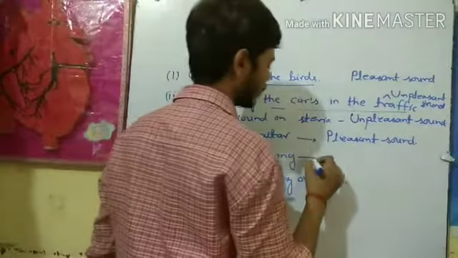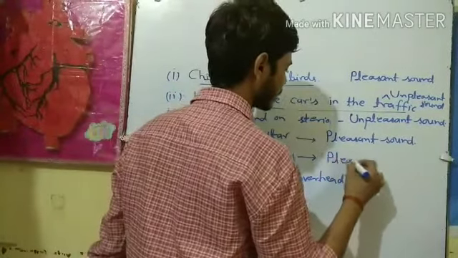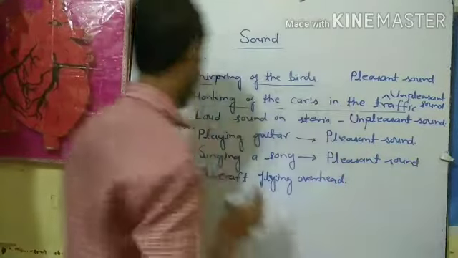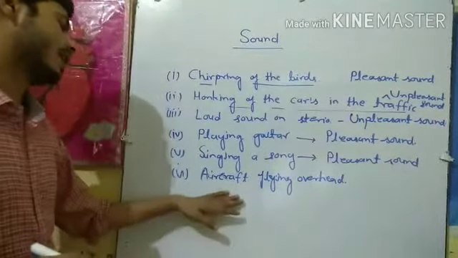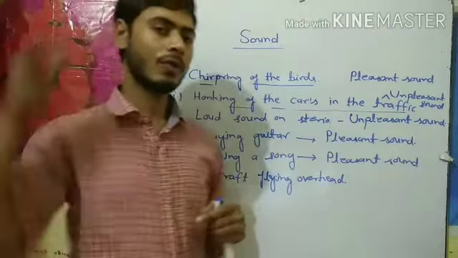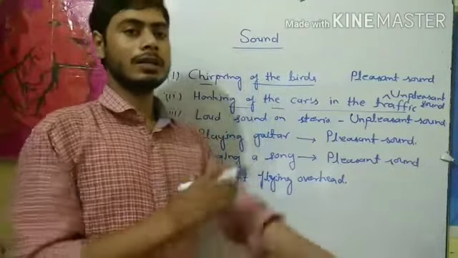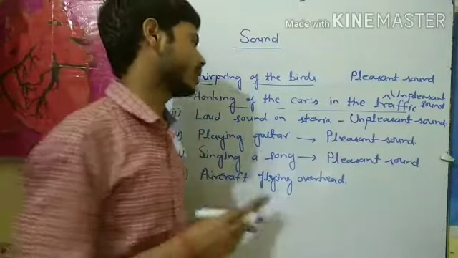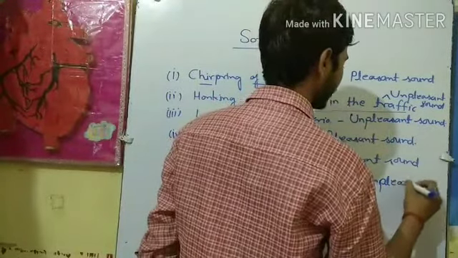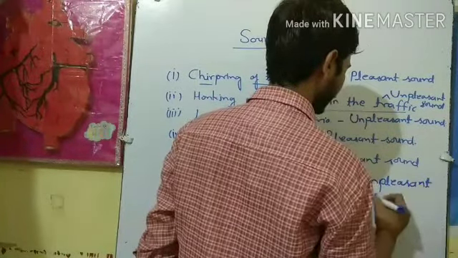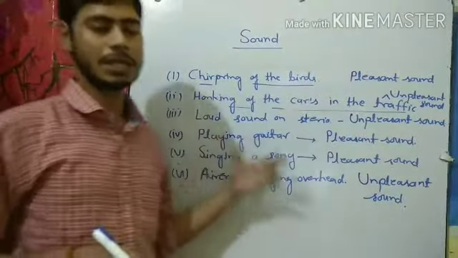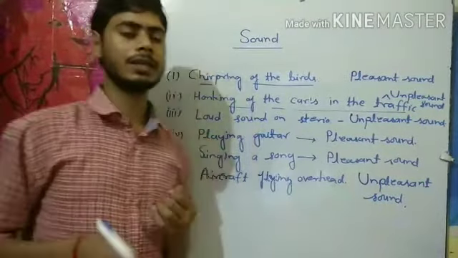It is also a pleasant sound. And the last one is the aircraft flying overhead. When the aircraft flies overhead, it produces a large amount of sound. So it is also an unpleasant sound. So these are some examples of pleasant sound and unpleasant sound.